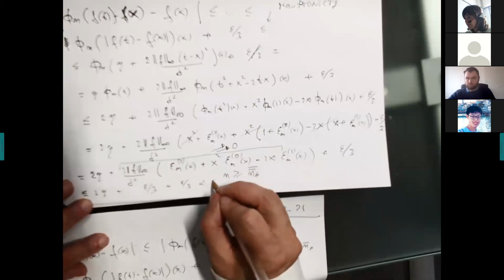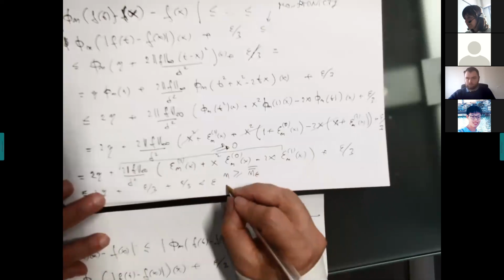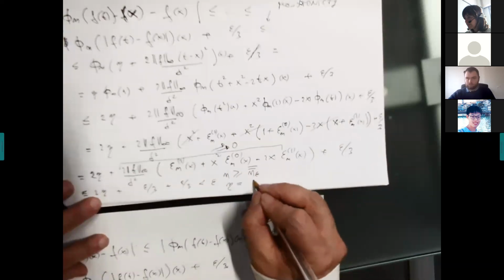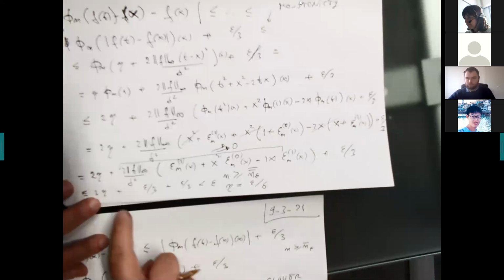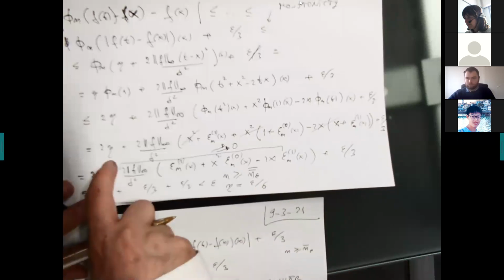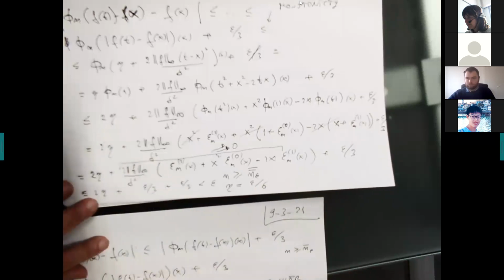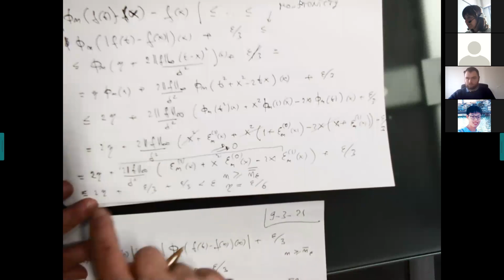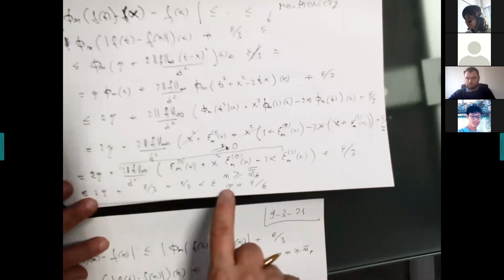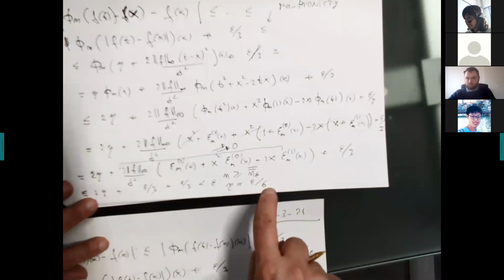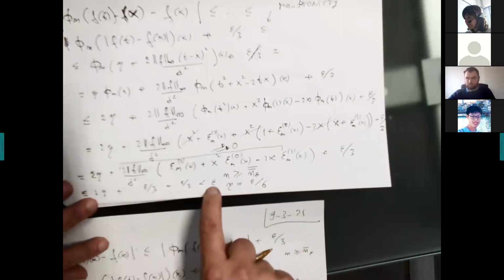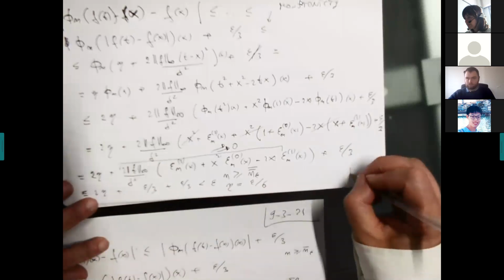And this is less than epsilon, choosing delta equal to epsilon divided by 6. And I can do that because remember that delta was the constant of uniform continuity. So for any epsilon, there exists delta, and so on. So now I choose delta equal to epsilon divided by 6. And here it becomes exactly epsilon.